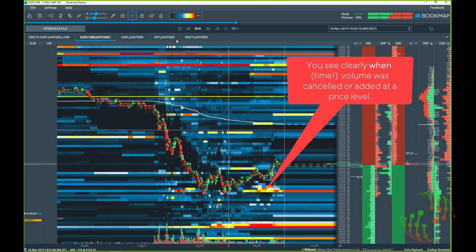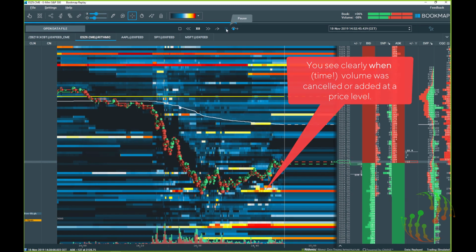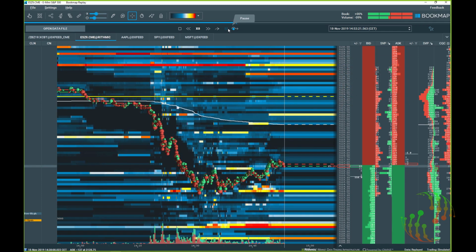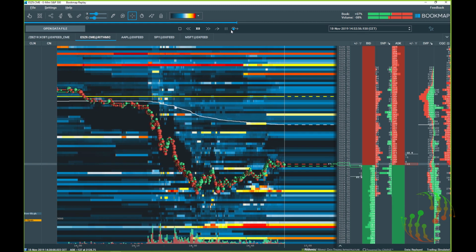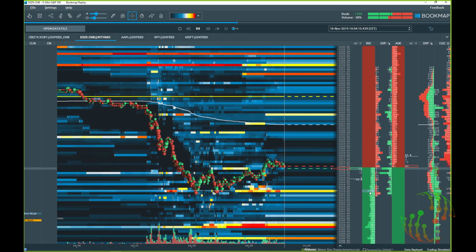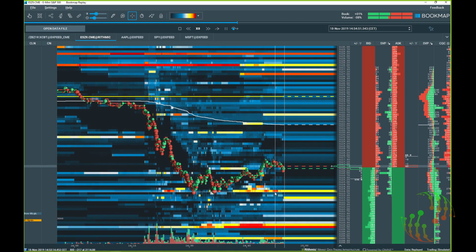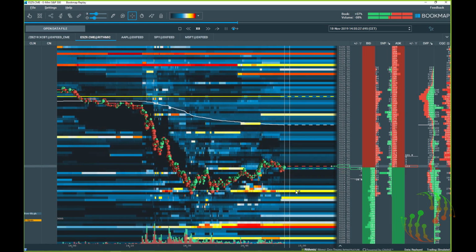First of all, the volume is added, now have a look what happens next. We have 350 at 14. And now it's gone. You see how they are playing with these levels, 14 even. Maybe they know more about this level.